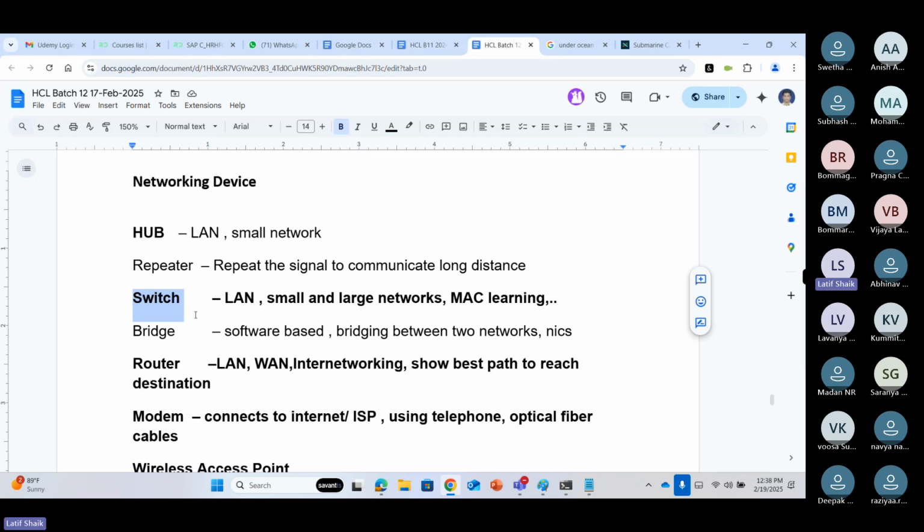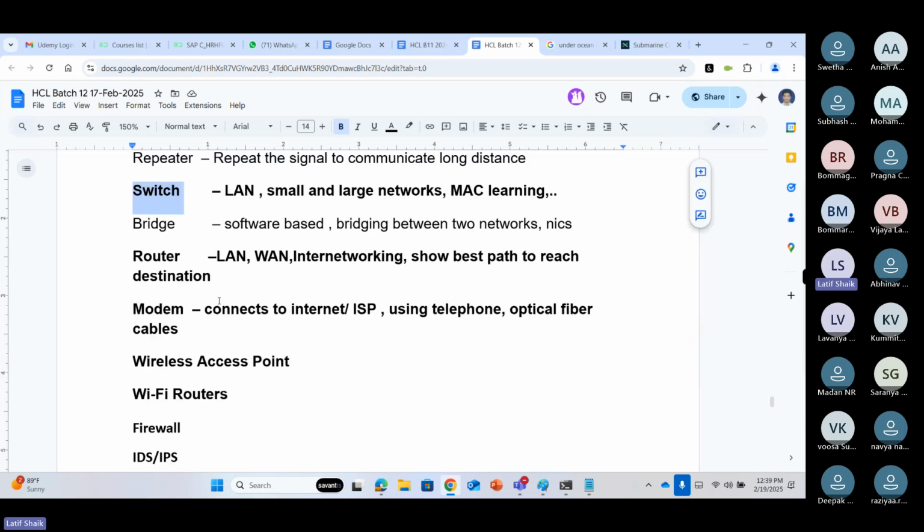But from your home to outside, an internet connection is required, so you have to connect via an ISP. You can't connect directly to the internet. The ISP, Internet Service Provider, is located at a different location. How will you get connected to your ISP, and the ISP to the internet? For that we need a modem. A modem is used to connect to the internet via an ISP using telephone cable or fiber optic cables.